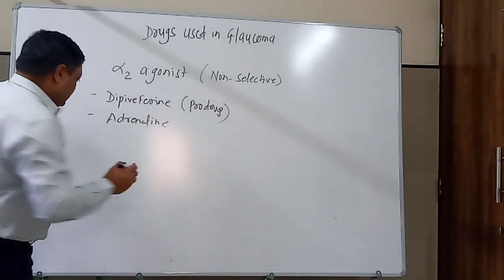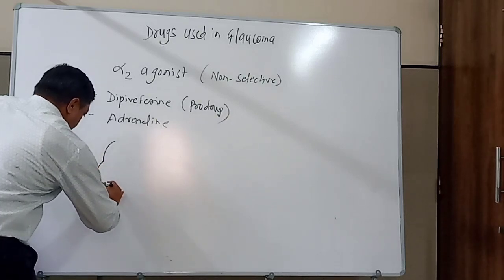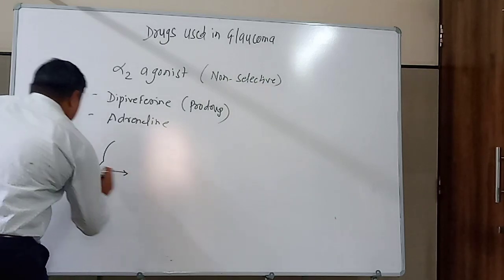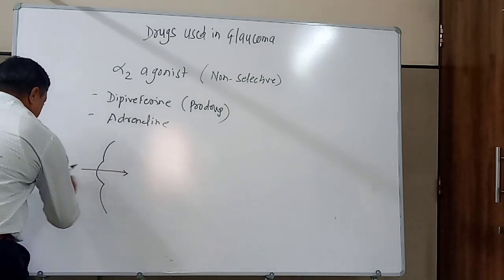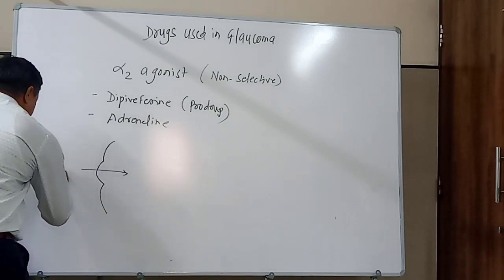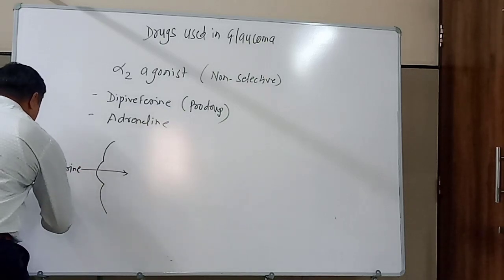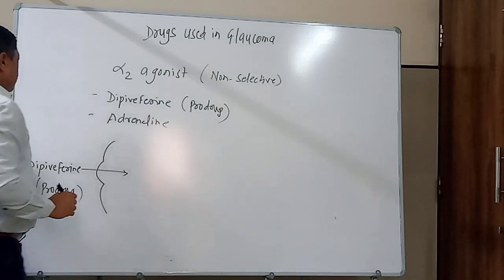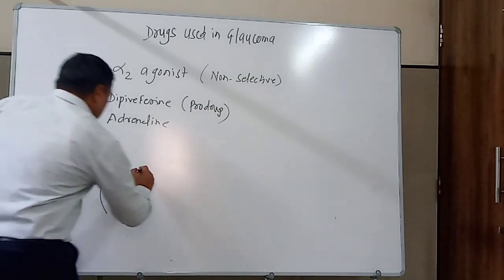Now let's see the mechanism of action. Dipivefrine crosses the cornea, then it is converted into adrenaline.